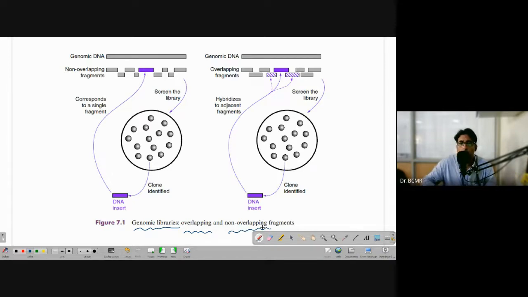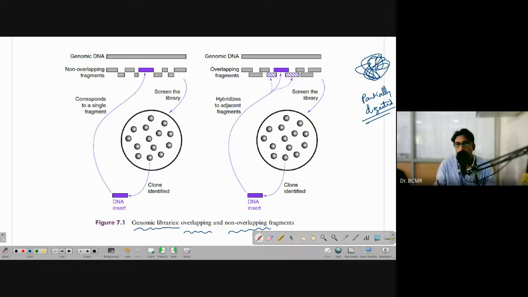I hope you remember that when we construct a gene library, the genomic DNA is often partially digested. It is not partially digested because we want very long DNA fragments.